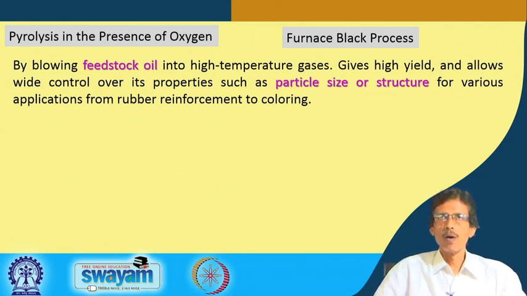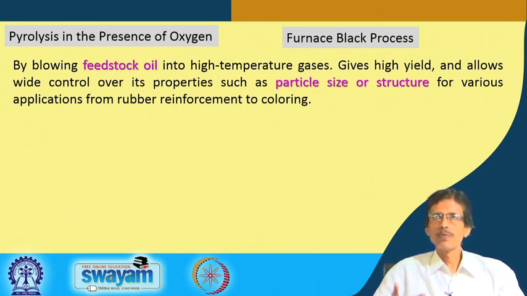Why are we burning oil? So, feedstock oil, any cheap quality oil can be utilized, like the burning of polymer material. So, oil burning can give you control on the particle size or the structure. It is not random, it is not erratic also. So, a particular type of size.